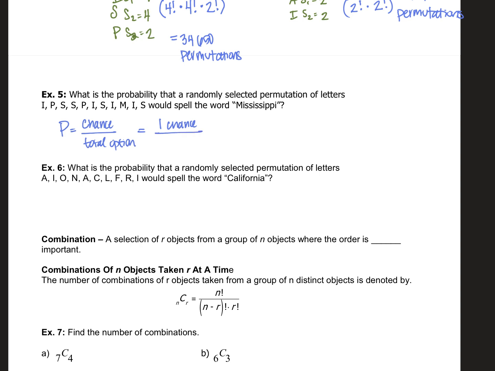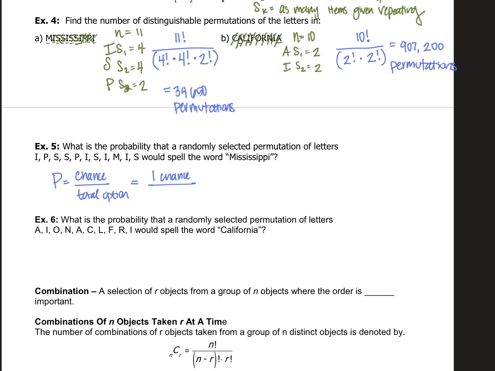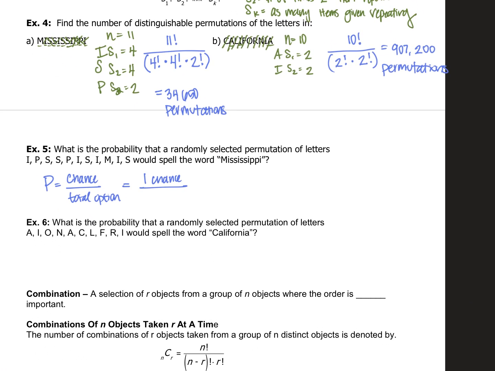Now out of all of the different options that we had, let's look back at our permutations from that last problem. The total options are what we just calculated, so that would be our 34,650. That's how many different options we have.